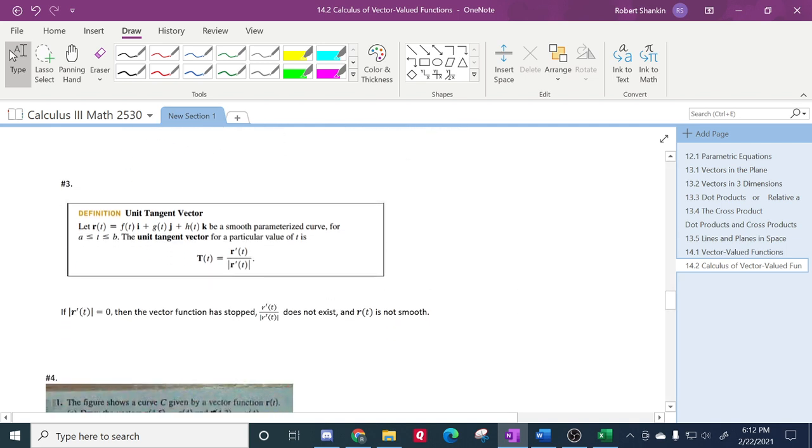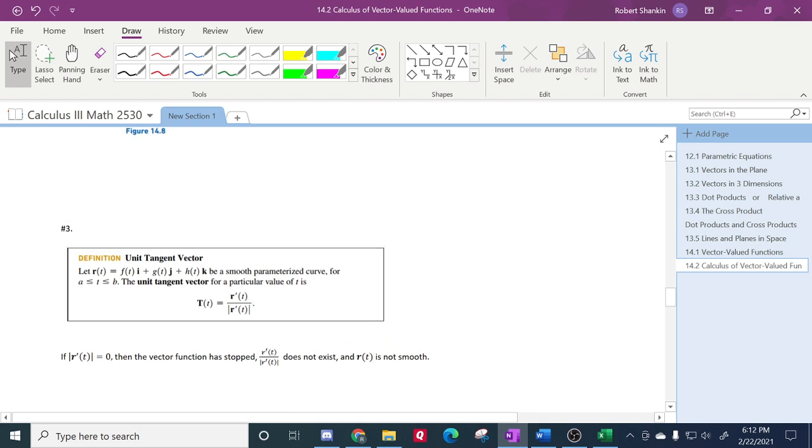Okay. All right. So the smooth part comes here. If the magnitude of r'(t) is equal to 0, you have a problem with your unit tangent vector. You don't have a unit tangent vector at that point, because you can't divide by 0. Then the vector function has stopped, and this unit tangent vector doesn't exist.